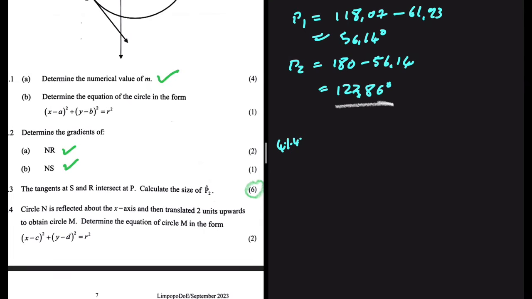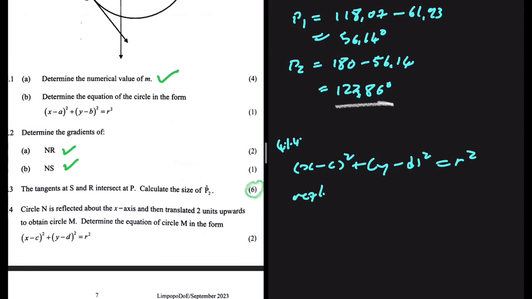4.1.4. Circle N is reflected about the x-axis and then translated 2 units upwards to obtain circle M. Determine the equation of circle M in the form (x minus c) squared plus (y minus d) squared is equal to r squared. Okay, we have a few transformations here. Let's look at the first one.